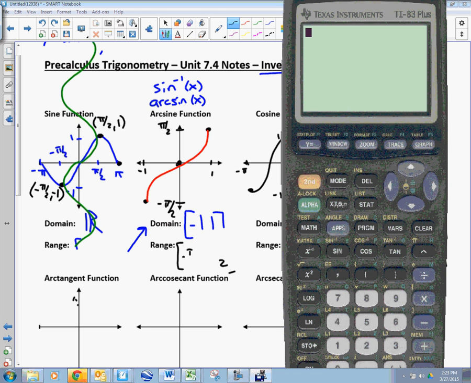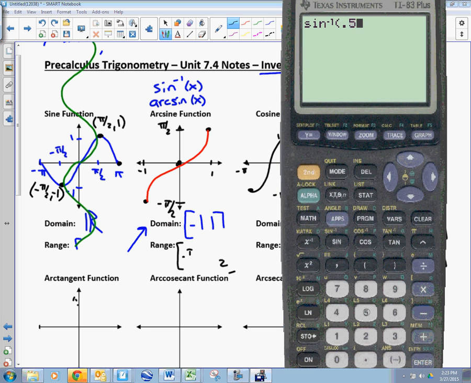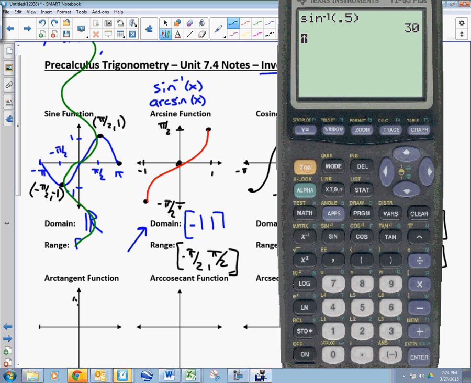Well, I'm sorry, not sine of 0.5. Sine inverse of 0.5. So is 0.5 within our domain? Yes. So I should get an output. The output should be between -90 and +90. It is.